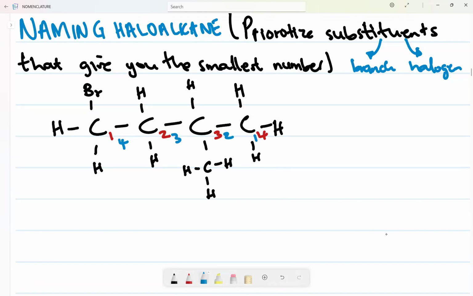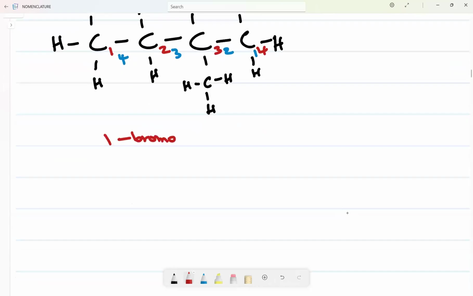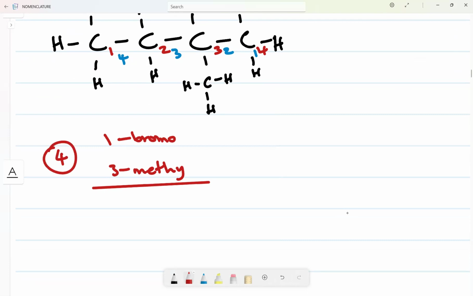You get on number one when you use red a bromo. Remember, you do not say bromine, you say bromo. And on carbon number three, you have a methyl. When we add this, it gives us a total of 4.